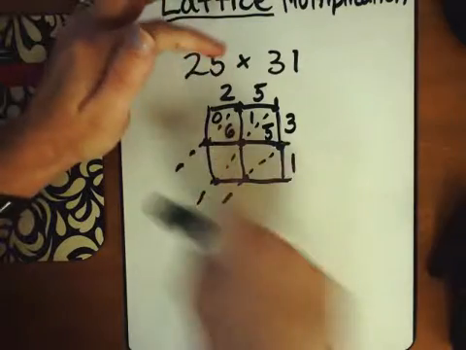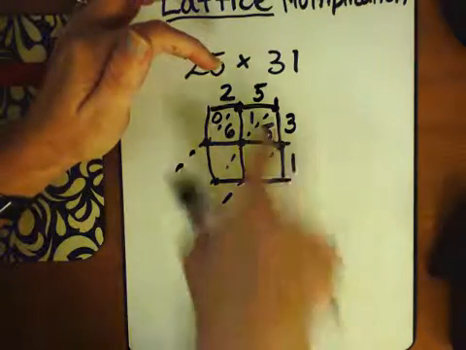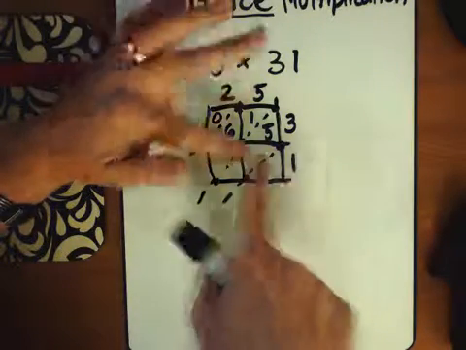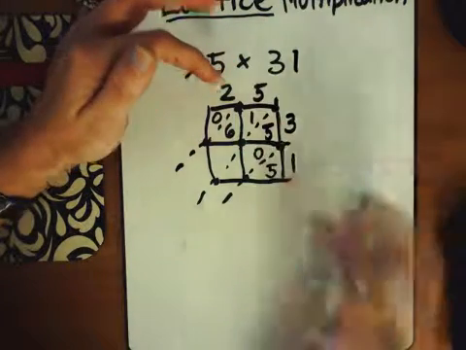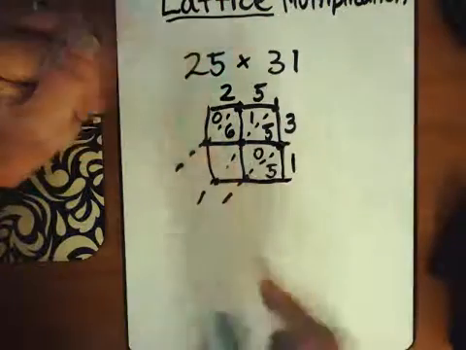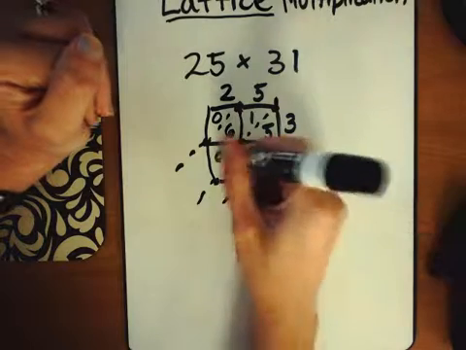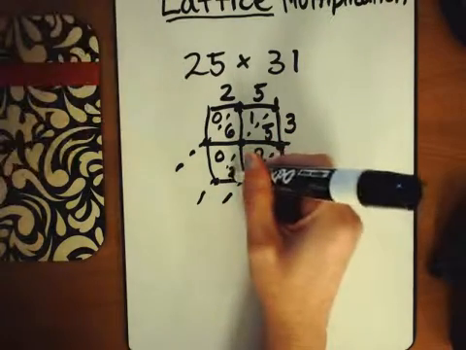I'm done with my 3. Now I need to multiply my 1 times my 5. 1 times 5, friends, is 5. 0 tens, 5 ones. And then 2 times 1 is 2. So that's 0 tens, 2 ones.